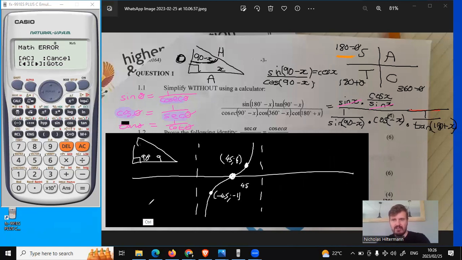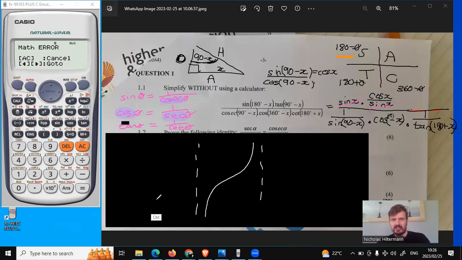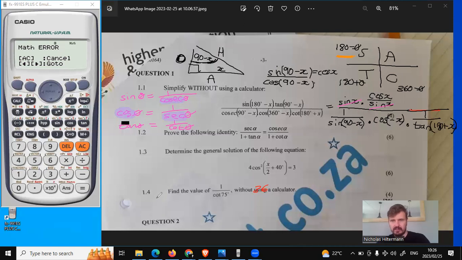So when I have tan 180 plus x, that's the same as when I said that, you know, you have a circle. Your circle, when you have x here, it repeats every 360. Well, tan's a bit different. I've explained using the graph, but look at where tan is positive.